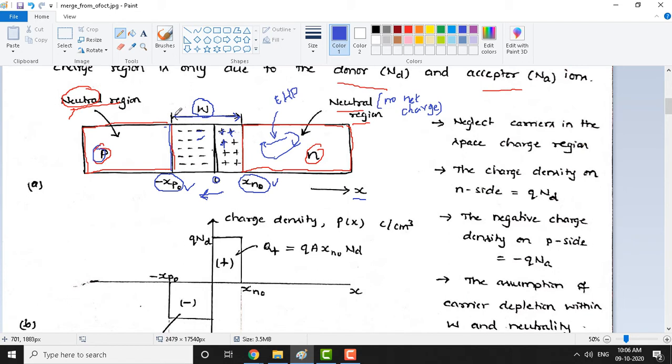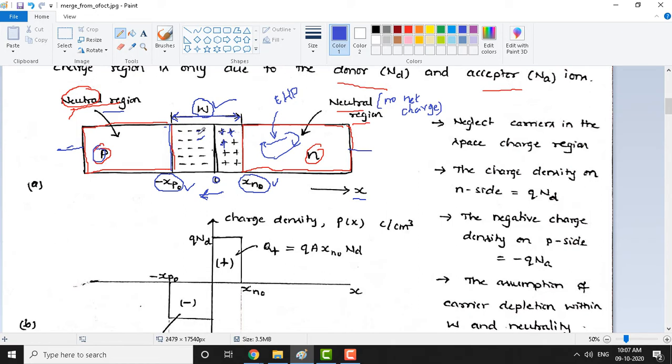This region is very important for designers. Instead of focusing on neutral regions, we focus most of our time on this W. Why does W make sense? Because it is the space charge region, or width of the depletion region. The external potential you apply between the two terminals appears completely across this.